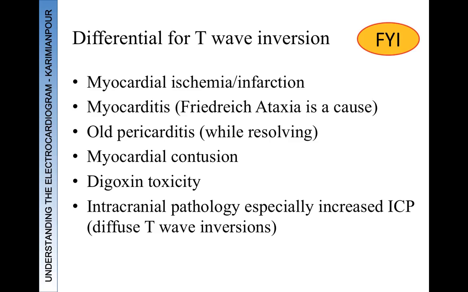Differential for T-wave inversion, this is just an FYI slide. Myocardial infarction and ischemia we talked about already. Myocarditis, viral or from whatever etiology, can cause T-wave inversions and ST segment changes. And the one that I think sometimes can show up on boards is Friedreich's ataxia.